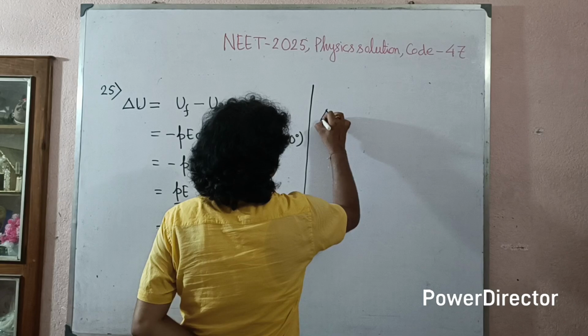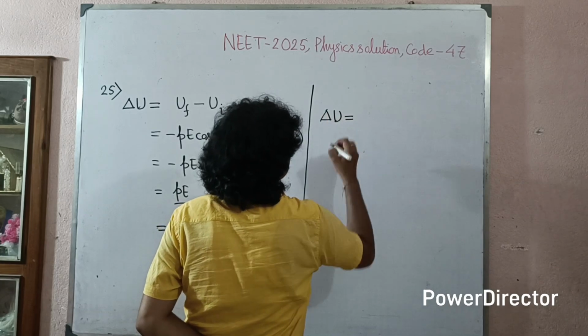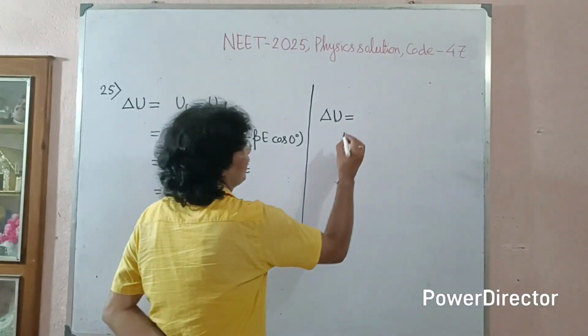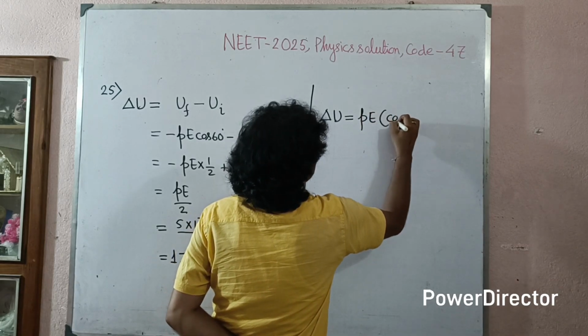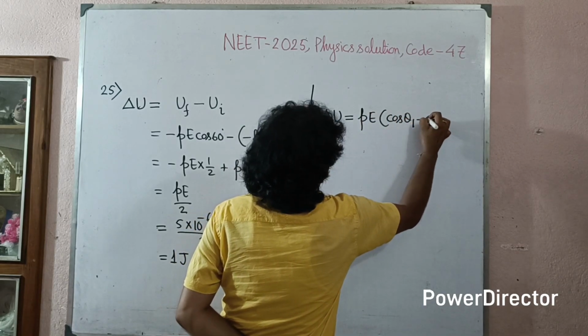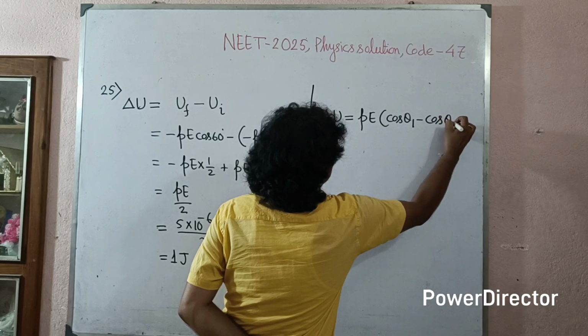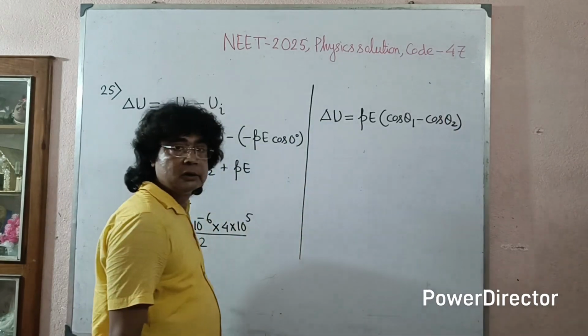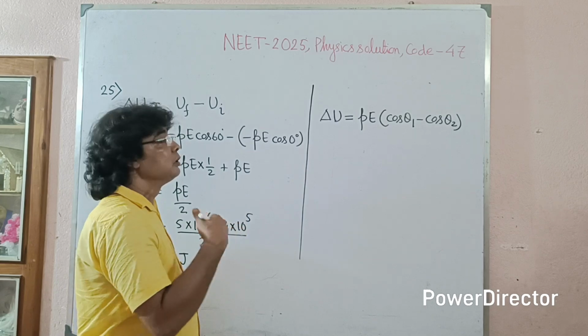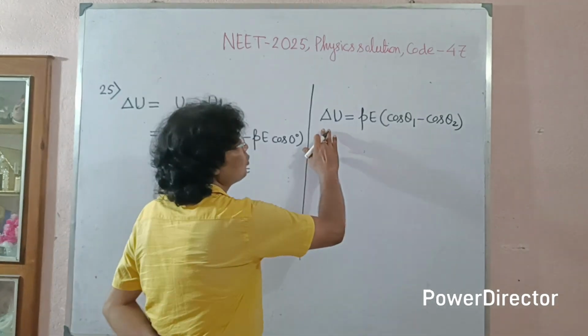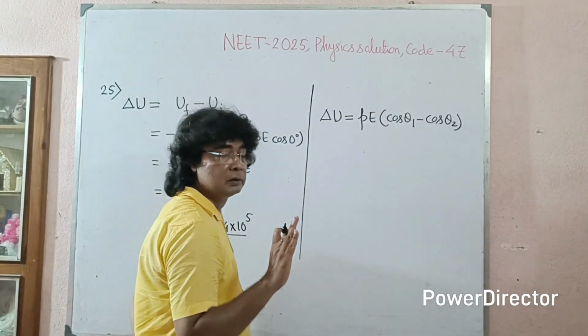What is the formula? The change in potential energy is PE into cos theta 1 minus cos theta 2. You can also solve this problem using this formula.